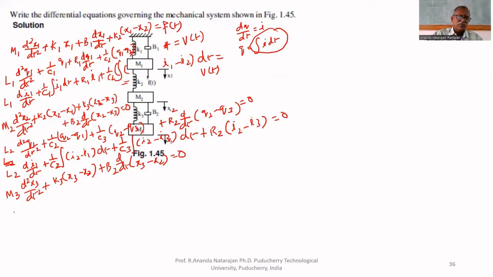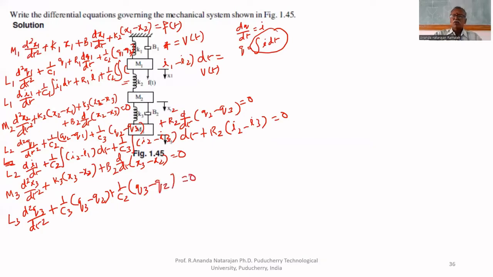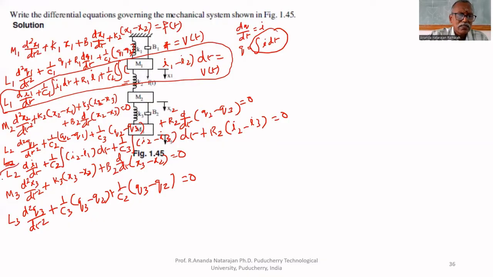Third equation in terms of charge: L3 d square Q3 by dt square plus 1 by C3 Q3 minus Q2 plus 1 by C2 Q3 minus Q2 equal to 0. That's all, no applied force. This is the third Kirchhoff's voltage law equation.